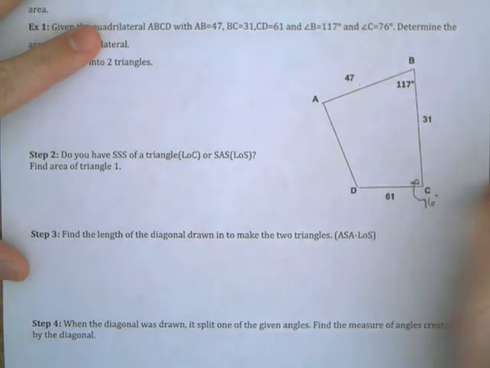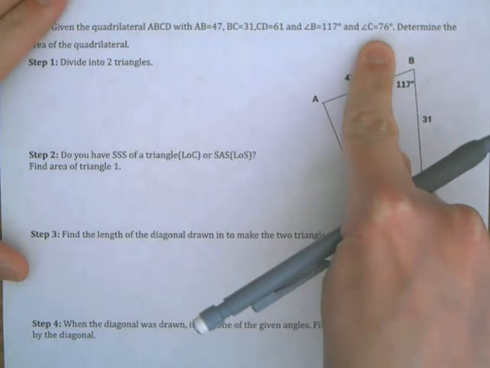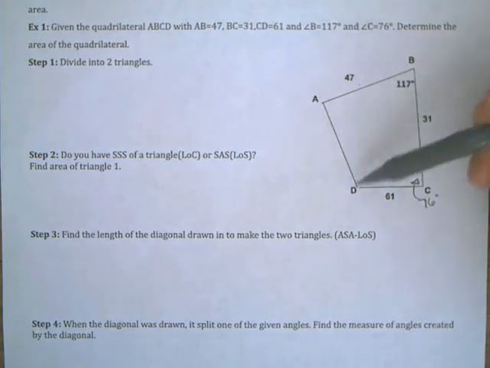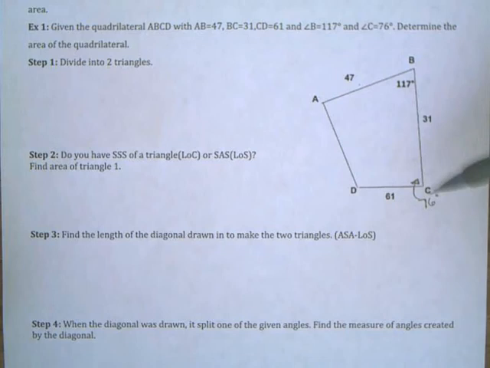Now the key is, which way do we divide this into 2 triangles? Because we could split it in different ways. Well, in order to find the area of a triangle, we need either 2 sides split by an angle, or all 3 sides.